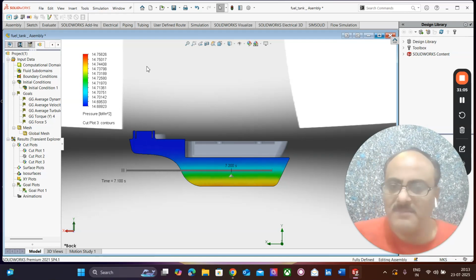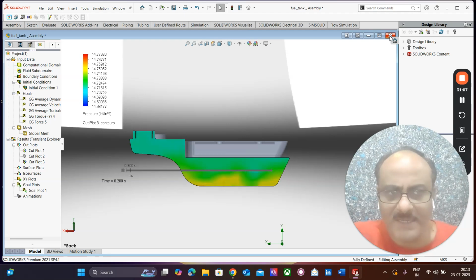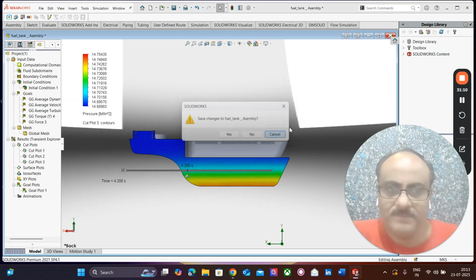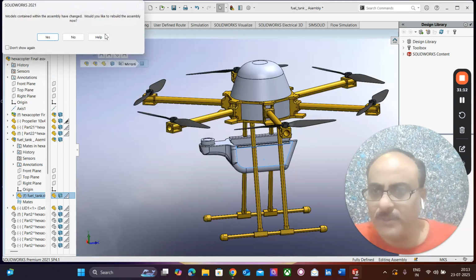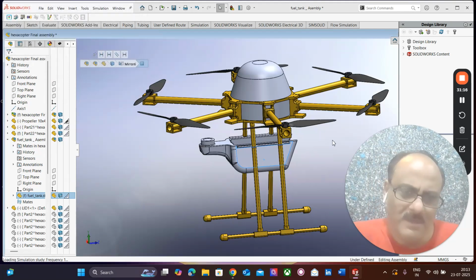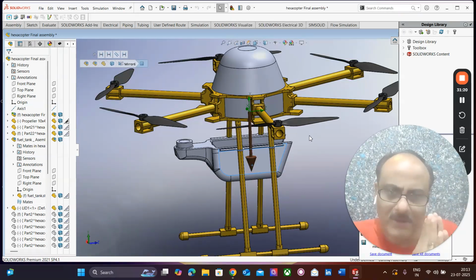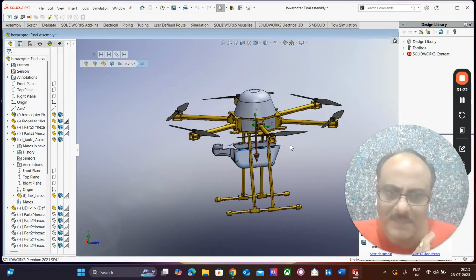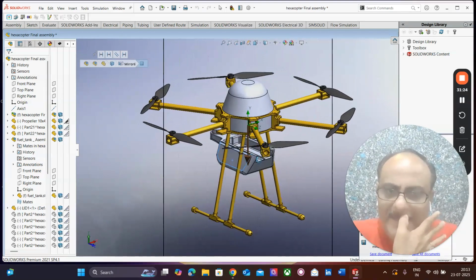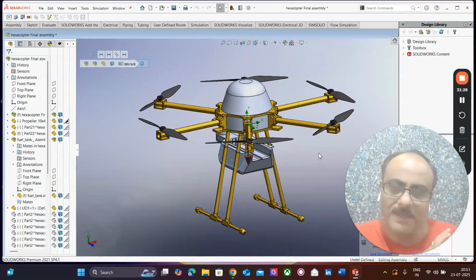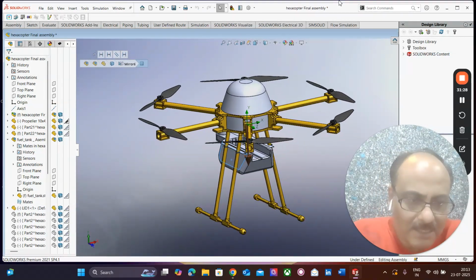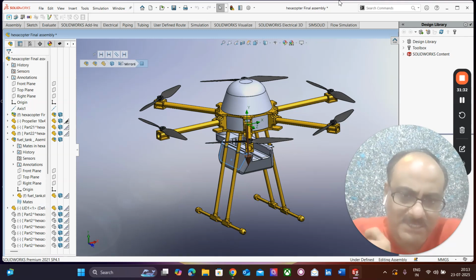Okay, so let me conclude here, and let me also show you a particular simulation which is specifically done on the complete drone. Okay, because of the external load, there is going to be a projectile which is going to be fired, or pushed out of this particular system.